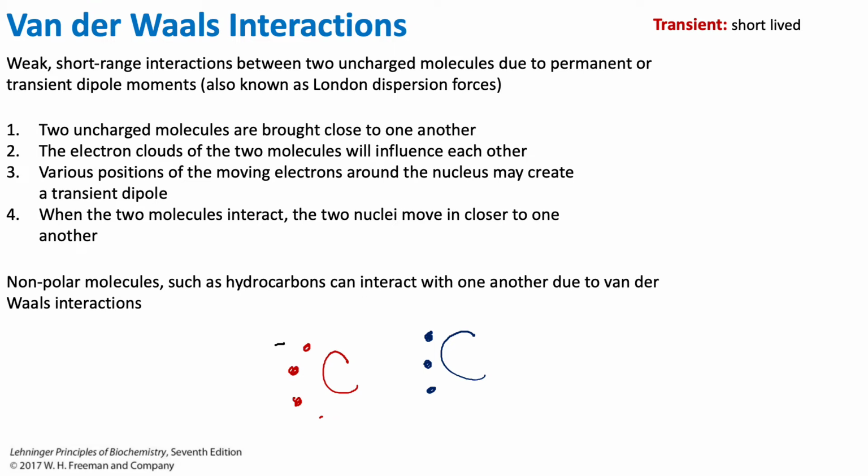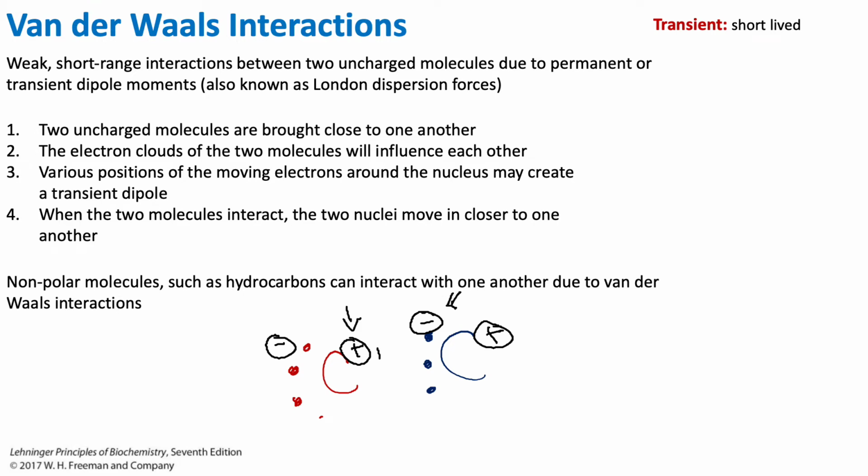So we'll see a negative dipole moment here, a positive dipole moment on this side because it has less electrons. Over here we'll see a negative dipole moment, and here a positive. So then we can note that there's a positive over here and a negative over here.